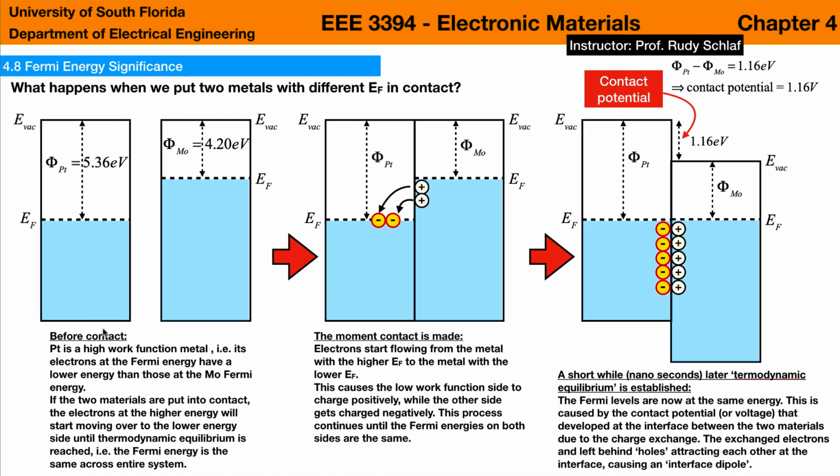On the previous slide, we calculated the Fermi energy relative to the bottom of the band. Now it's very interesting to also consider its position relative to the vacuum level. If you remember, this is the work function of a material, and that defines the amount of energy that an electron would need to be able to leave the material and become a free electron in vacuum and be able to move away.